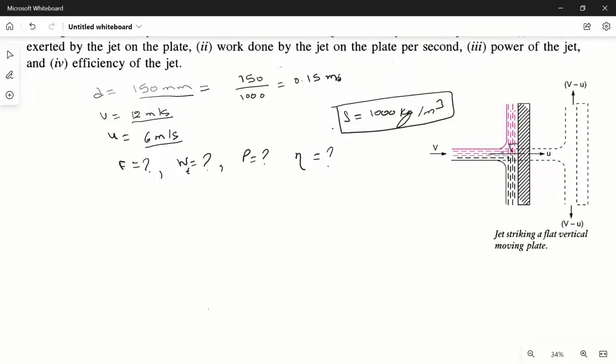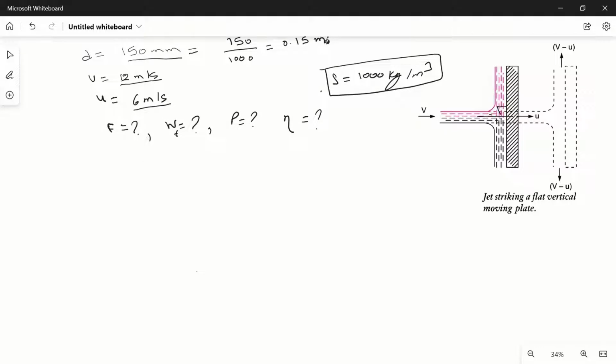Now first of all, we have to find the force exerted by this jet on this plate. So how to find it? Now we know that force is equal to rate of change of momentum. Momentum is mass into velocity, so F is equal to (m1 v1 minus m2 v2) divided by time.